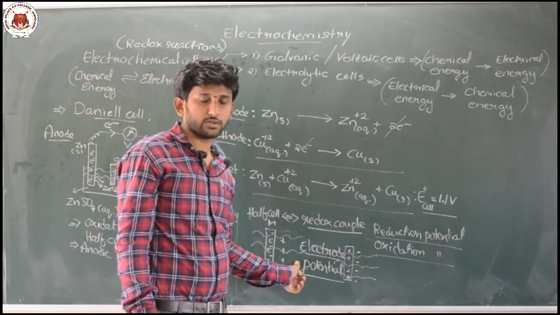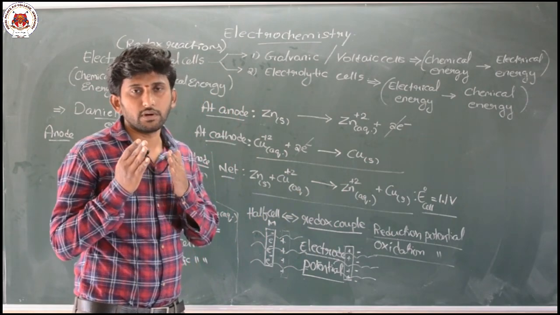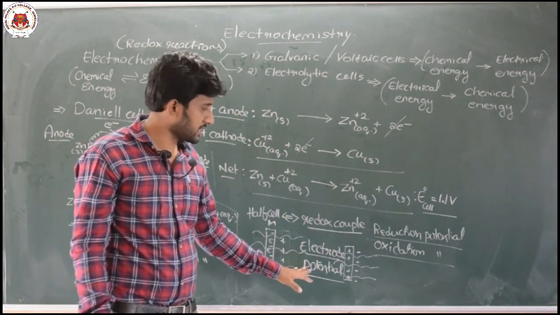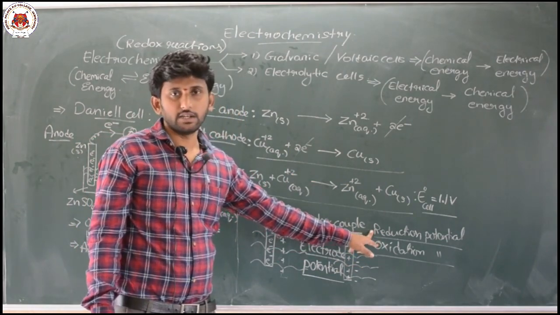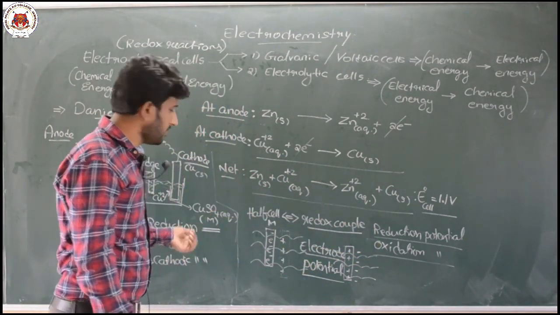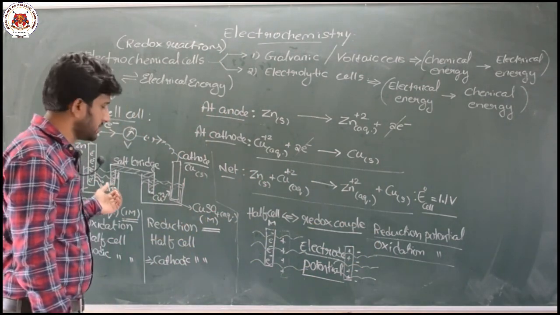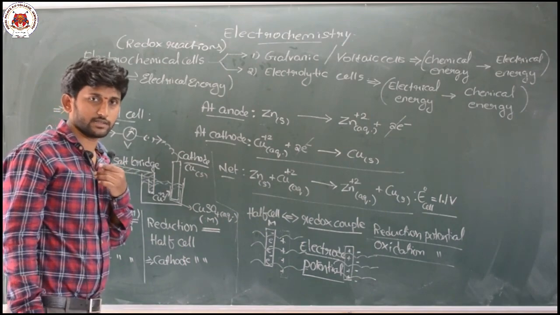So anywhere you hear the word electrode potential, it is automatically understood to be the reduction potential. Okay. Then we will go into the detailed mechanism of this cell in the next class. Okay. Thank you.